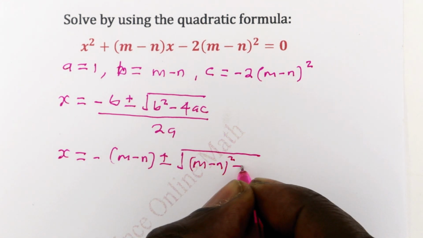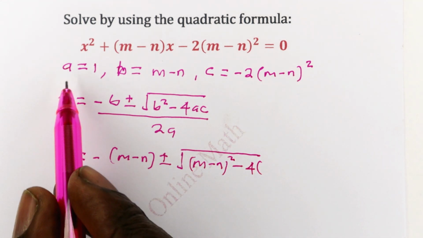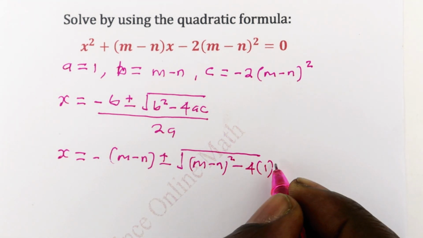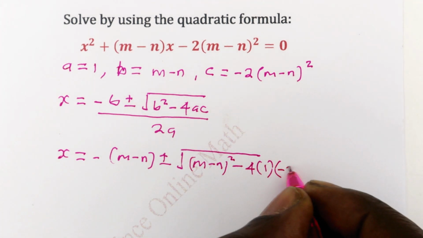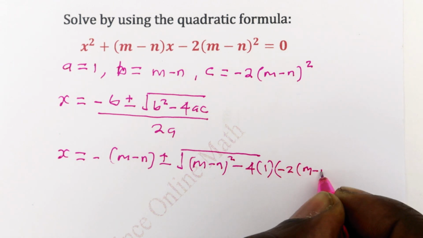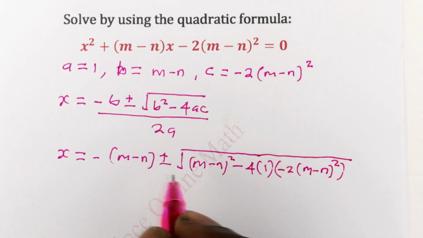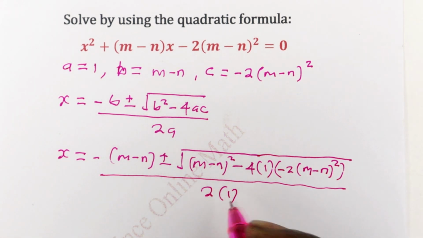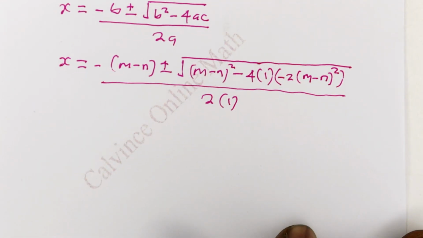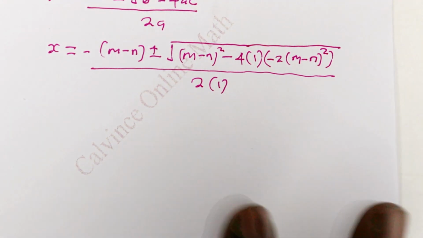So that is b squared minus 4 times a, and a we found to be 1, times c, and our c is the negative 2 into (m minus n) squared, and this is over 2a, and a is 1. So the next thing is just to simplify what we have there.